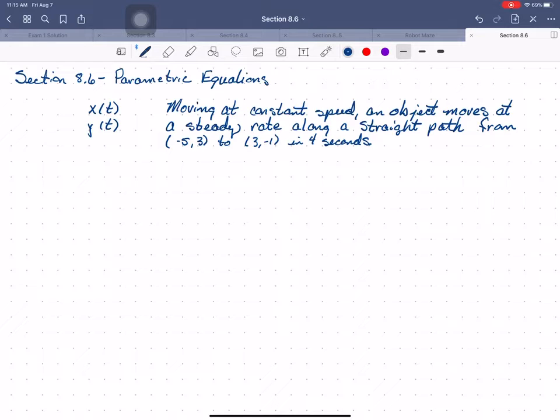So what that means is we're going to write x as a function of t, and we're going to write y as a function of t. Now, what we need to understand is that this guy is moving at a steady rate. So we know that when t equals 0, my x is -5.